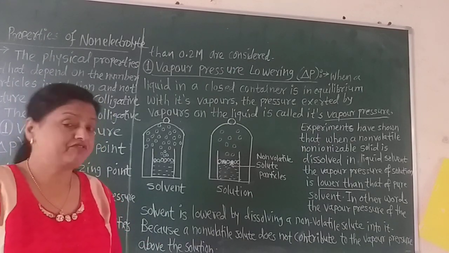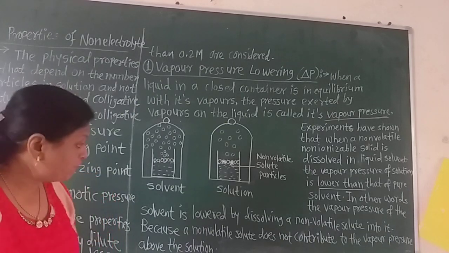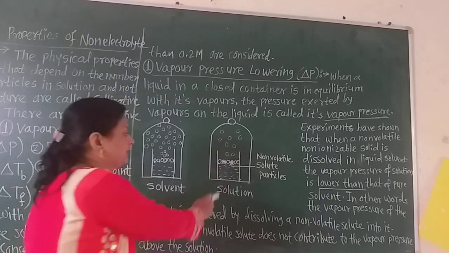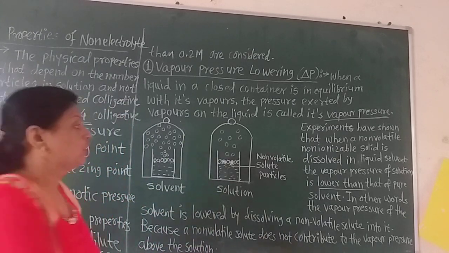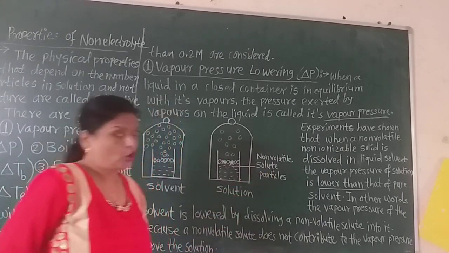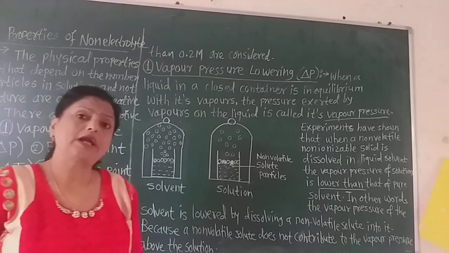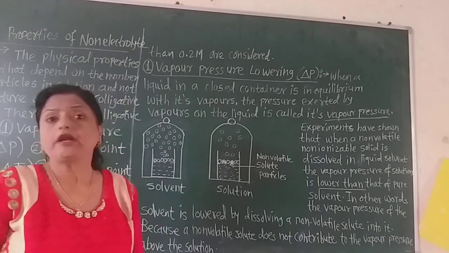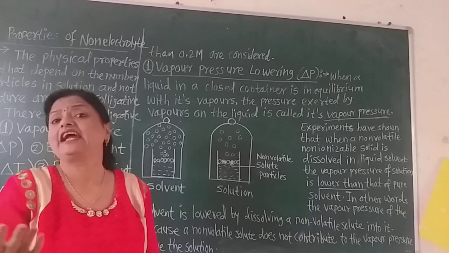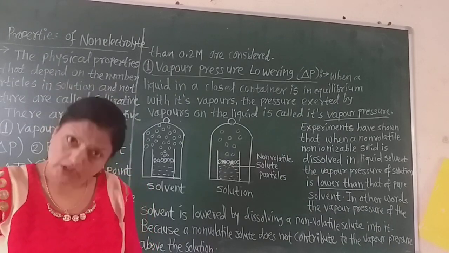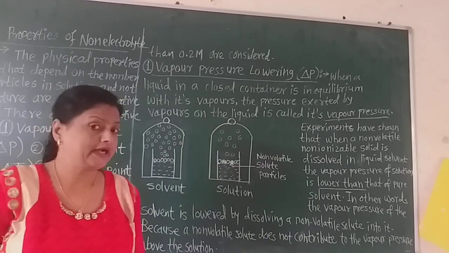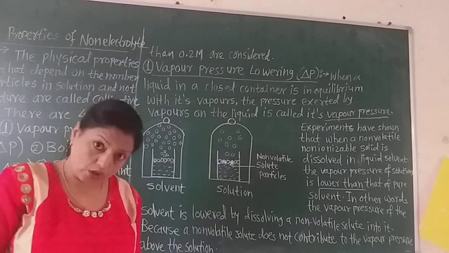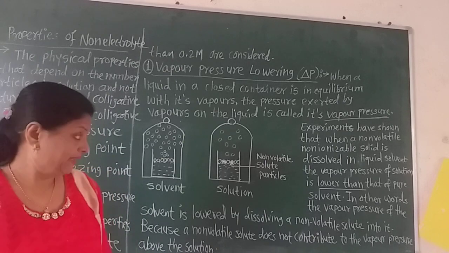Now what is this vapor pressure lowering? If we add some solute into that solvent, what happens? The solute is non-volatile and non-electrolyte. Non-volatile means it does not go into the vapor state at normal temperature. But when we form a solution of such a non-volatile solute in a volatile solvent, what happens?